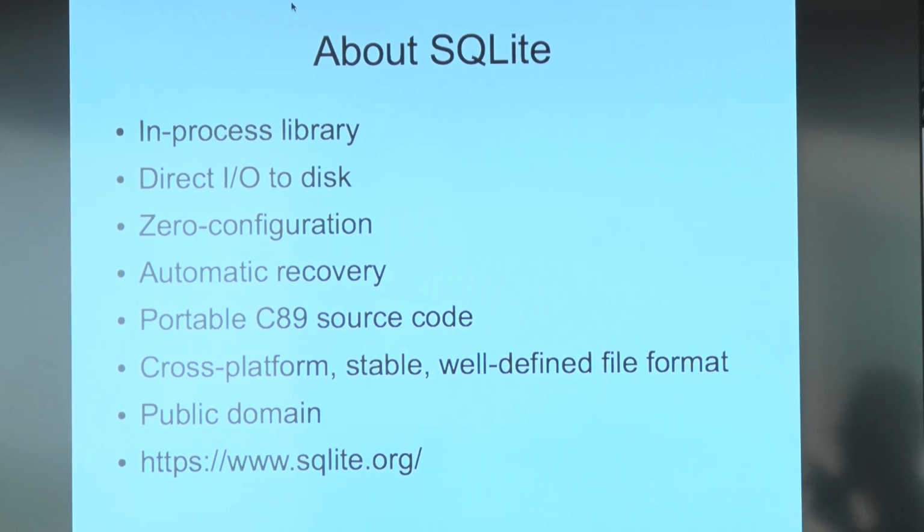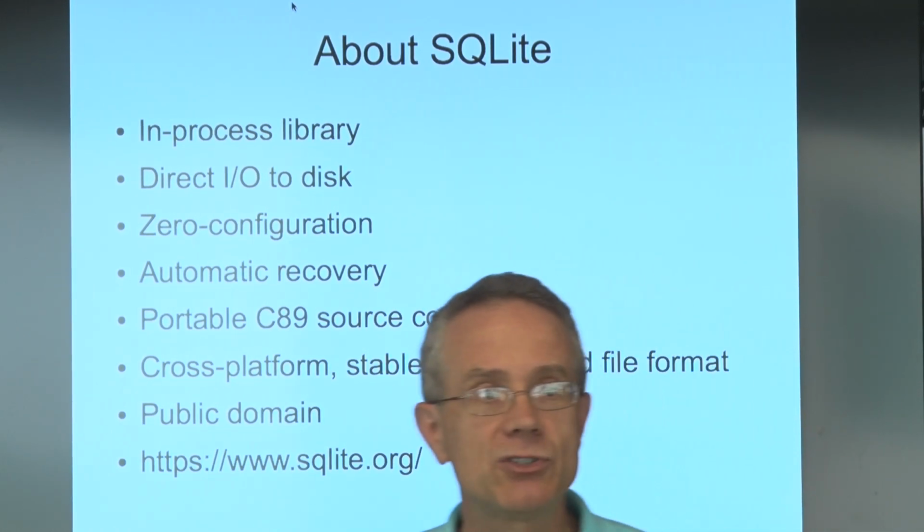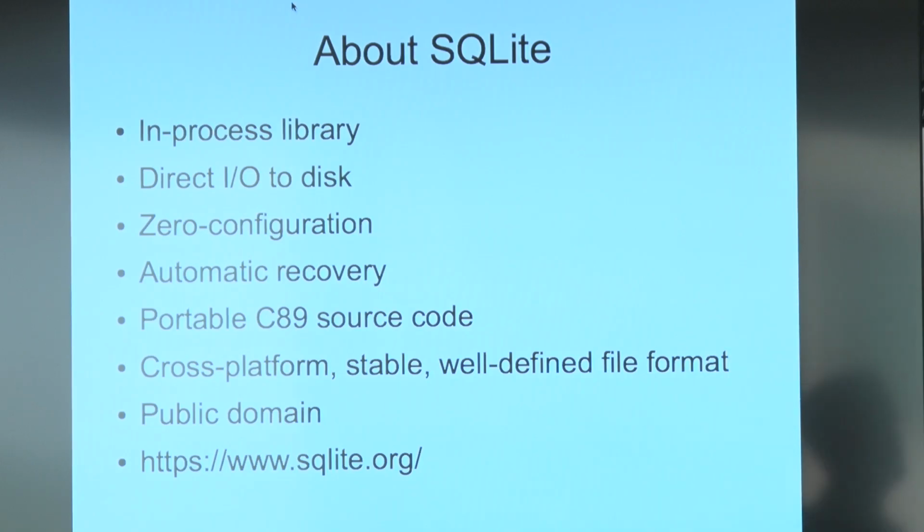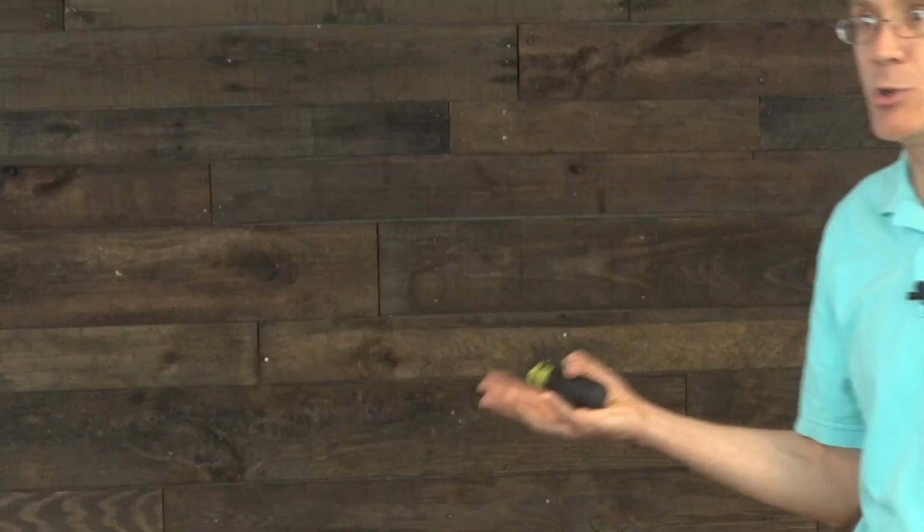The other, MySQL, Postgres, these are the big applications. They're client server. They run as a separate process, and then your application connects to them using some sort of inter-process communication, usually TCP/IP, but that's a detail. But SQLite is different. It's a library that you link in with your application. It runs in the same address space as the rest of your application.